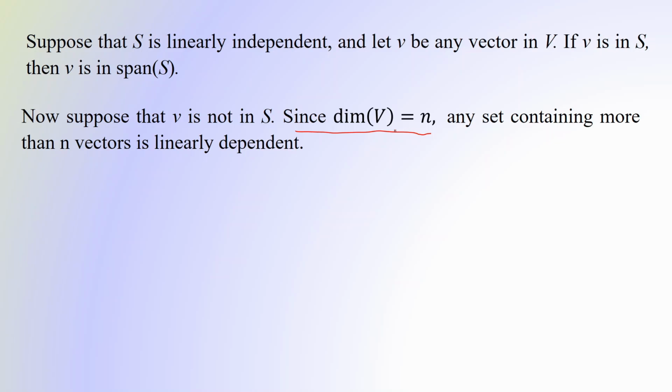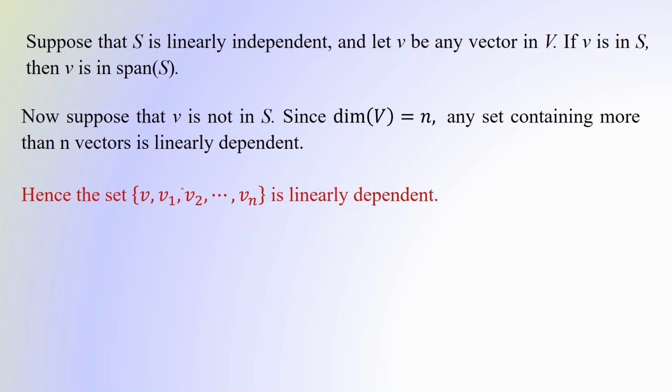In the previous lessons, we have discussed such a theorem. Now, if we take this set, it contains n plus 1 elements, more than n elements, so it is linearly dependent.